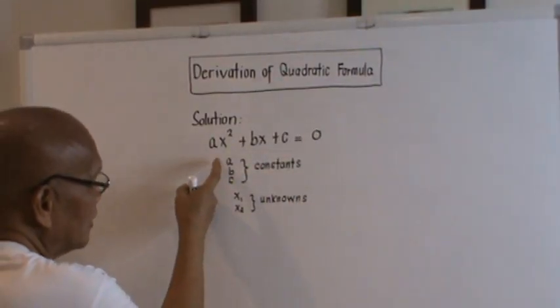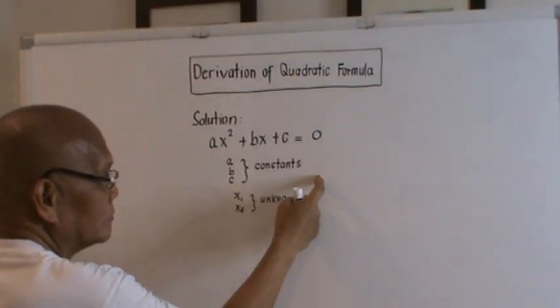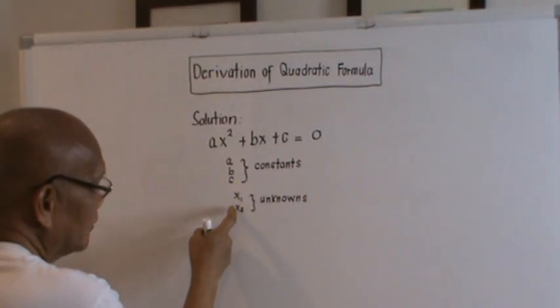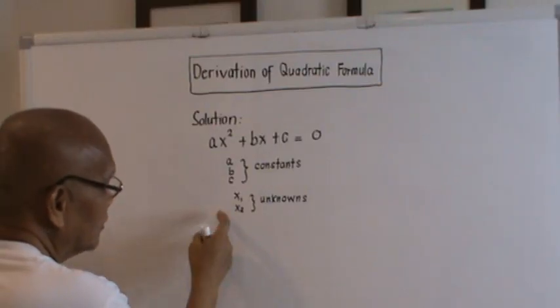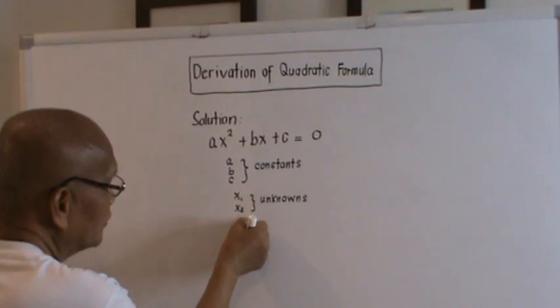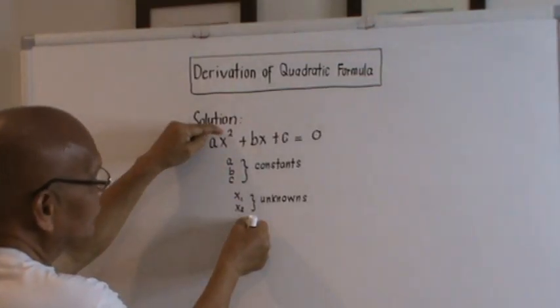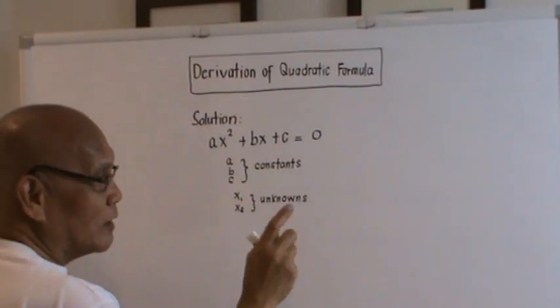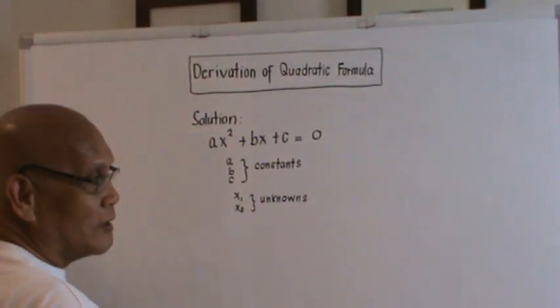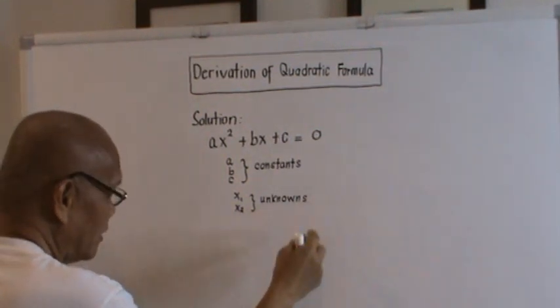Small letters a, b, and c are all constants. For x here, there is a subscript 1 and 2, because since this is with the power 2, if we compute for the value of x, there will be 2 values of x. That's why I place it here. x1 and x2 are the unknowns.